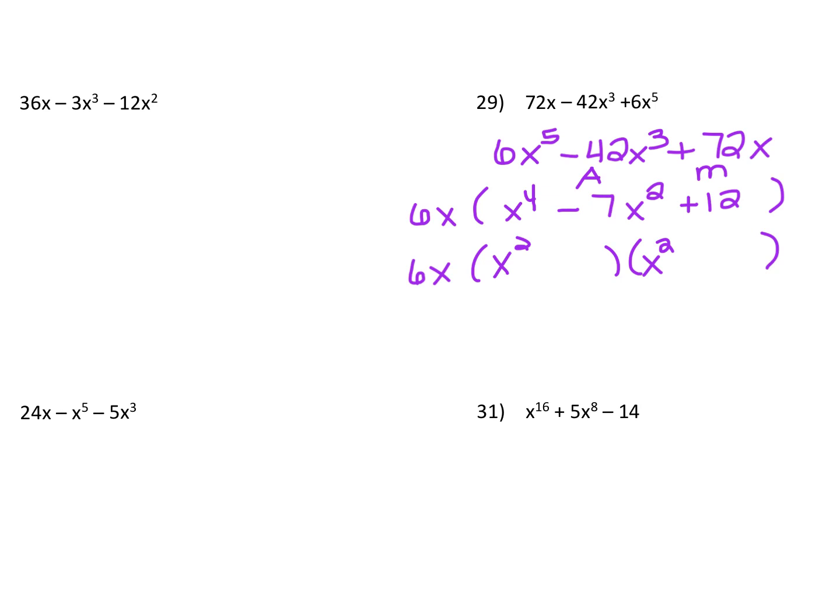So since they multiply to a positive, they have to have the same sign, right? And because they add to a negative, those signs have to be negatives. All right, and this one you probably don't have to use your calculator for. 2 numbers that multiply to 12 and add to negative 7 would be negative 4 and negative 3. Okay, so negative 4 and negative 3.